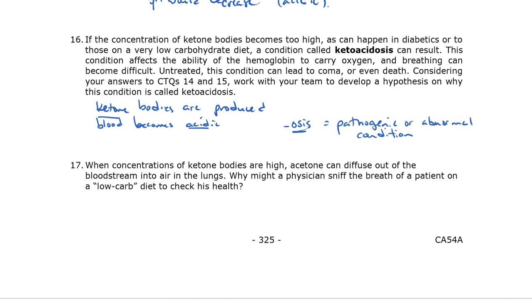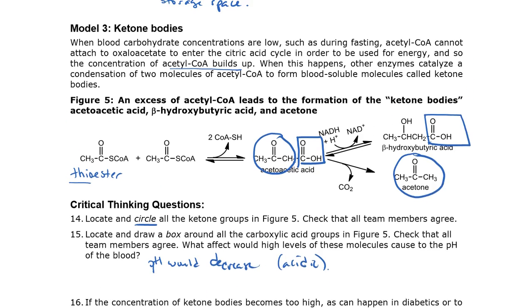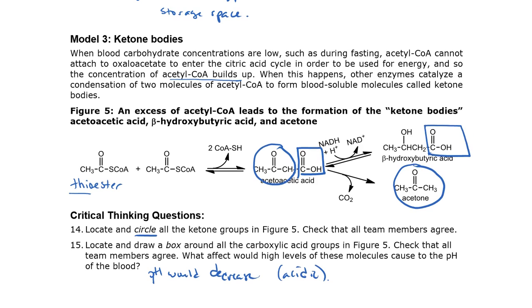Number 17. When the concentration of ketone bodies are high, acetone can diffuse out of the bloodstream into air in the lungs. Why might a physician sniff the breath of a patient on a low-carb diet to check his health? Pause and make a hypothesis. Pause now. So I'm not going to write anything down for this one. I hope you did. But notice that one of the three ketone bodies is in fact acetone.